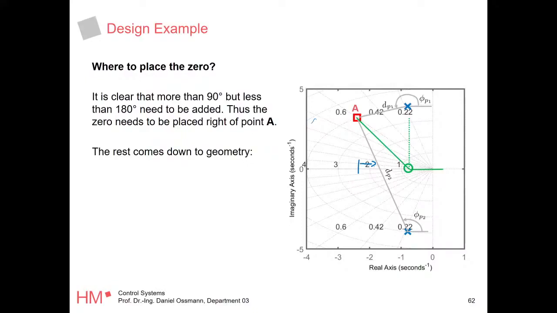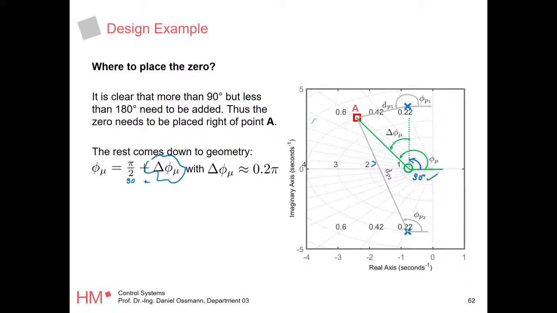For that, we can use geometry, right? 126 degrees is nothing but pi over 2, so 90 degrees plus something, right? And this something here is interesting. We already covered the 90 degrees because we placed it right of our point A. So these are already 90 degrees.